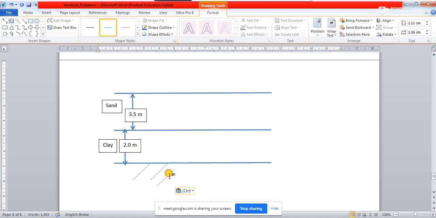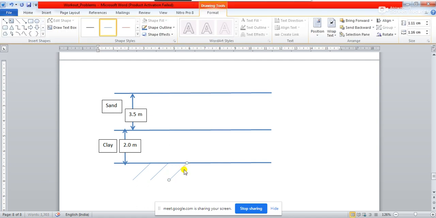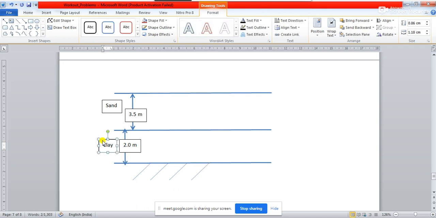So there is no sand, there is no clay below this. So basically this is a rocky stratum. That is what is being said in the problem, this is your rock.